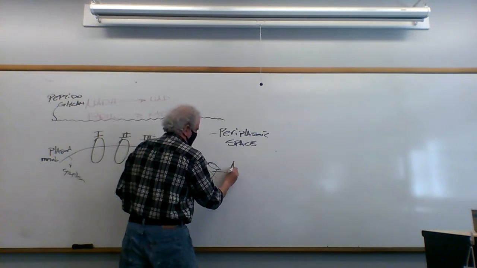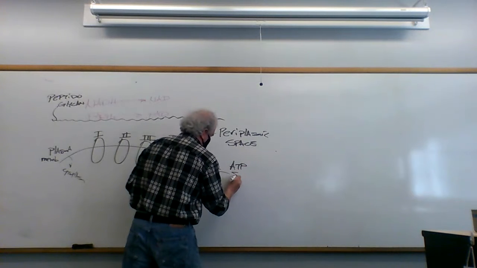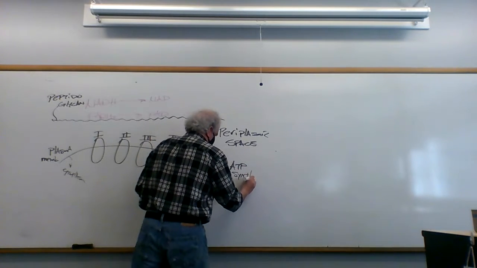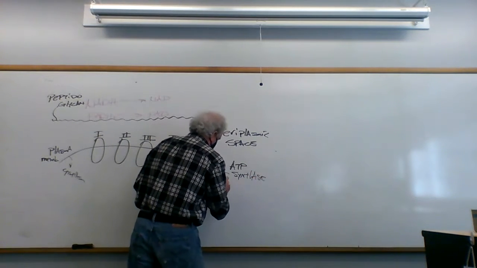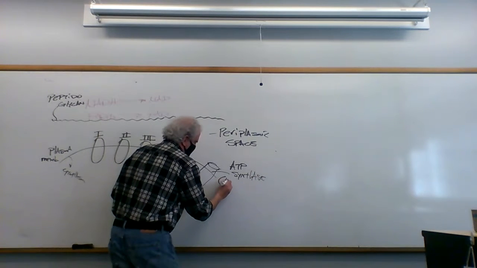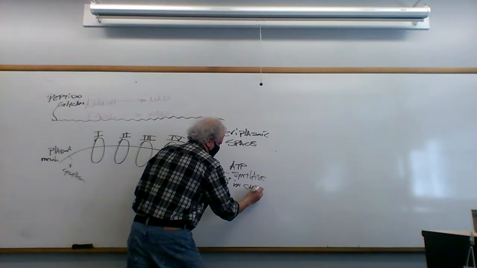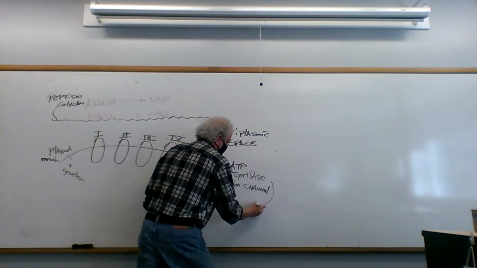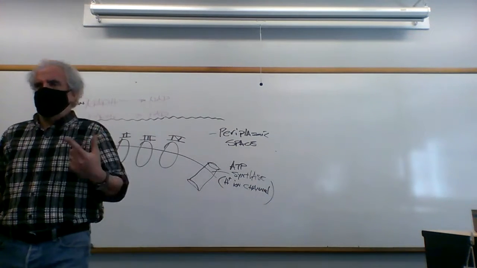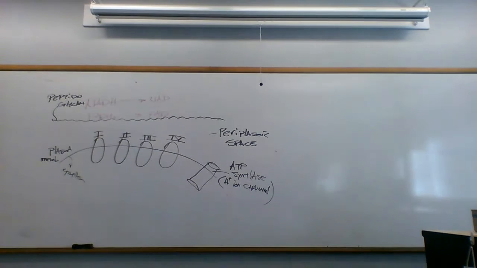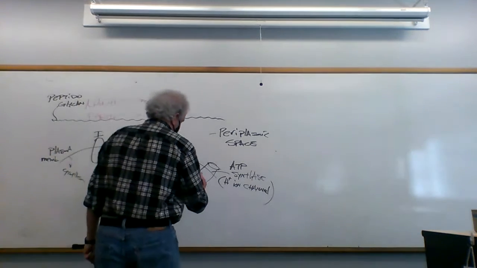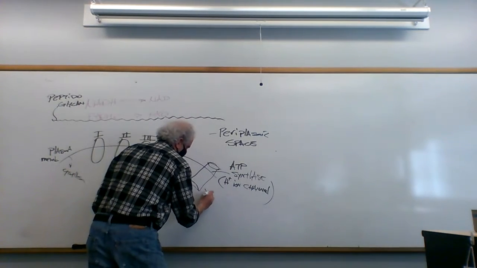This would be the ATP synthase, that is, the hydrogen ion channel that is coupled to the synthesis of ATP, or as I say, the ADP rephosphorylase, but whatever. This is referred to sometimes as complex 5.